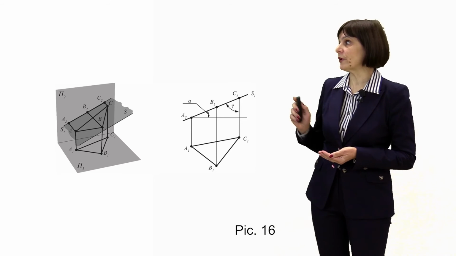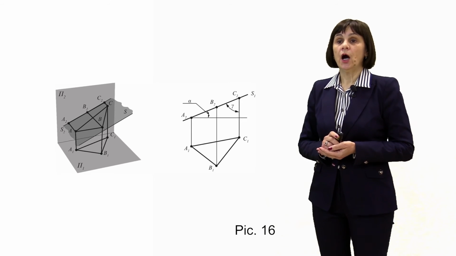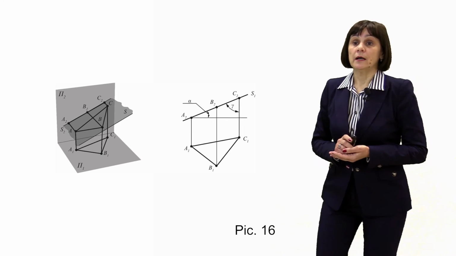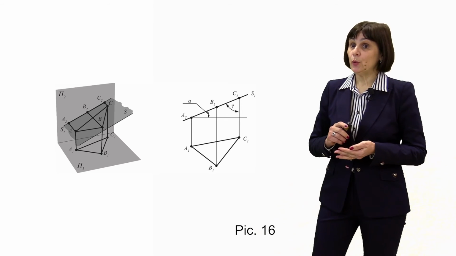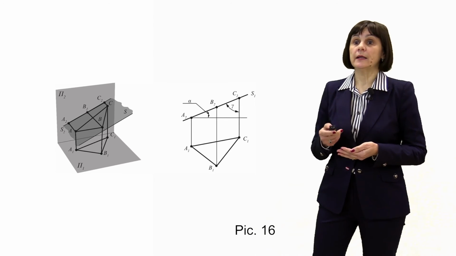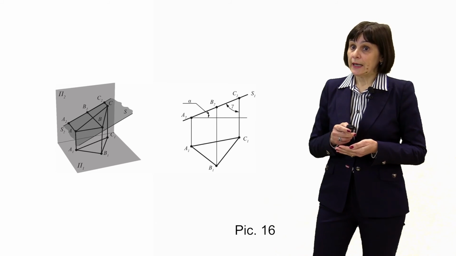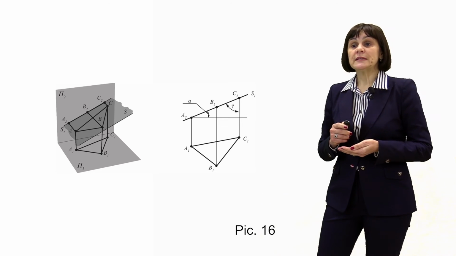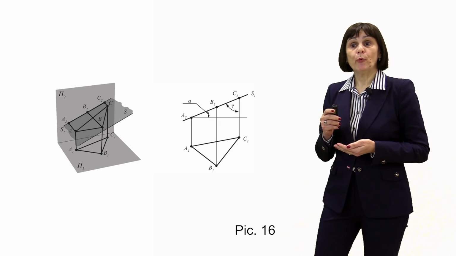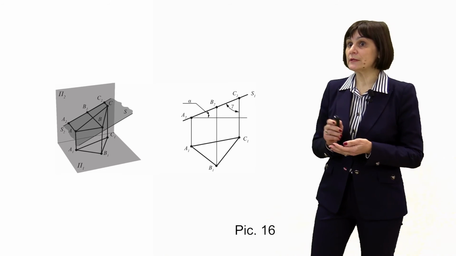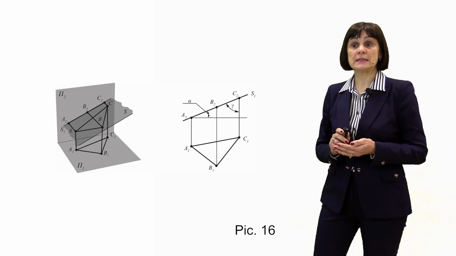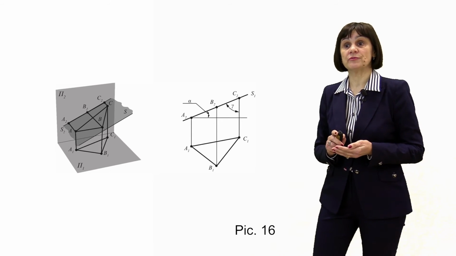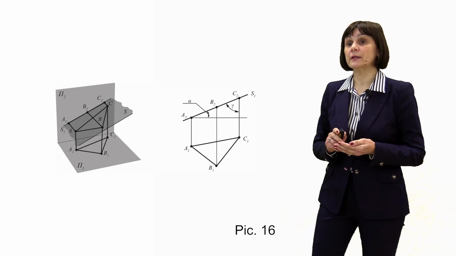And the vertices of the triangle ABC are located on this straight line. With the help of communication lines, we projected the point A1 on the trace line to the point A2. Point B1 is point B2 located on the trace line, and point C1 also is located on the trace line and is marked like C2.